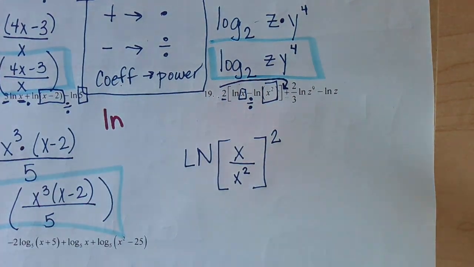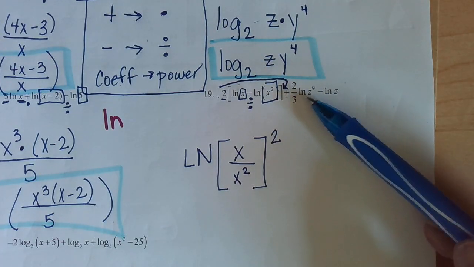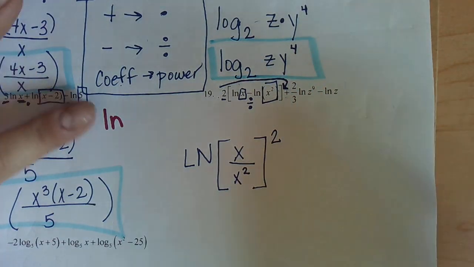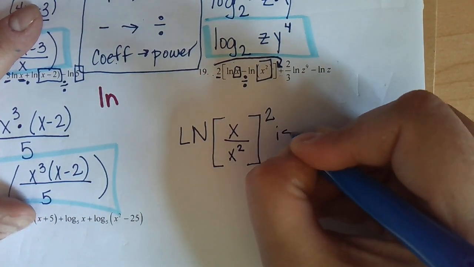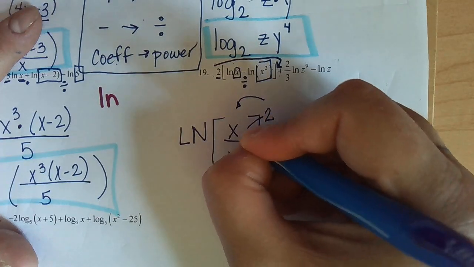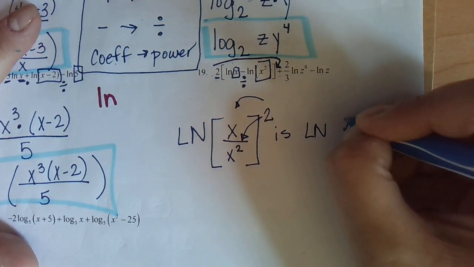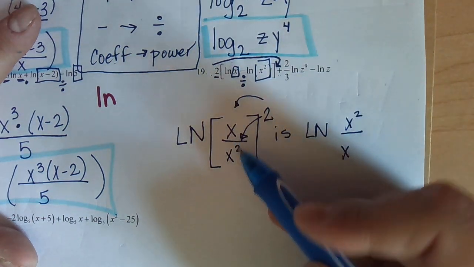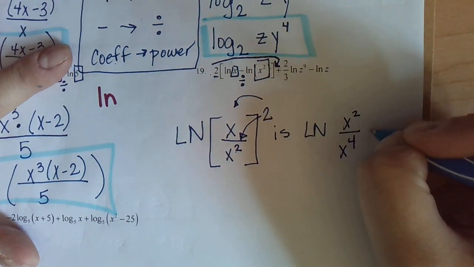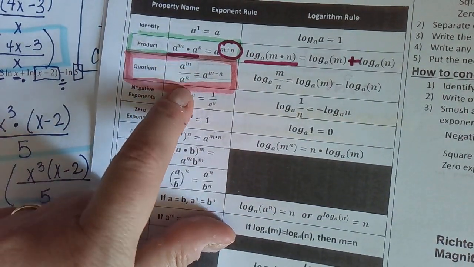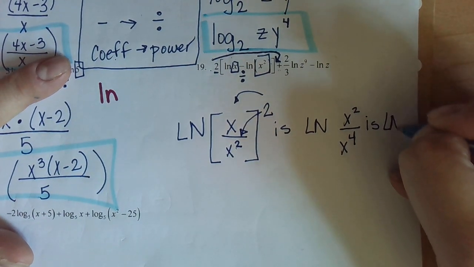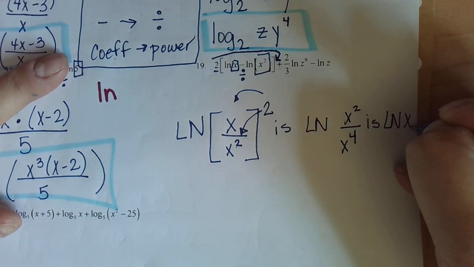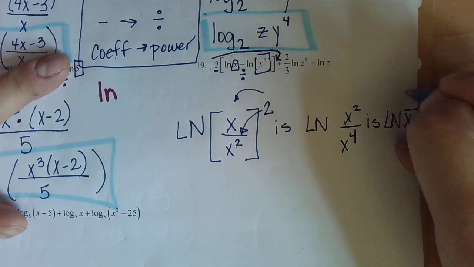Let's go ahead and deal with that first before we deal with all this other witchcraft. Let's figure out what this is going to become. If I square this, you get ln of x squared over x to the 2 times 2, which is 4. And if we use those rules from exponents where if you divide like bases, you subtract the exponents, this becomes ln of x, 1 over x squared.